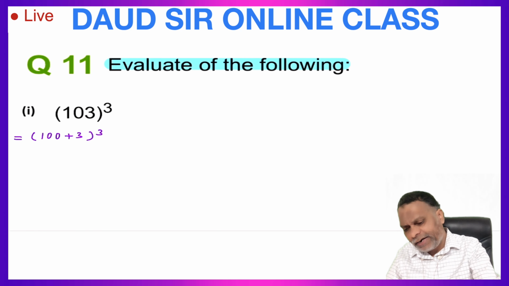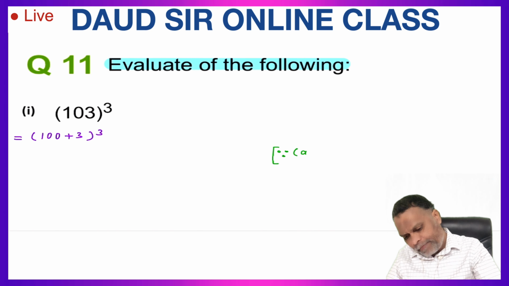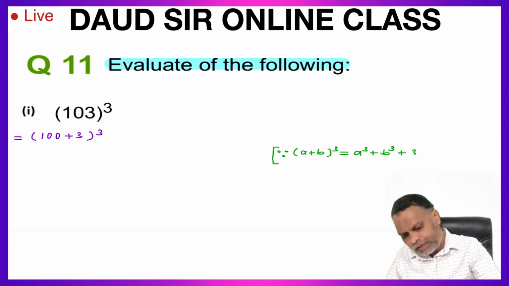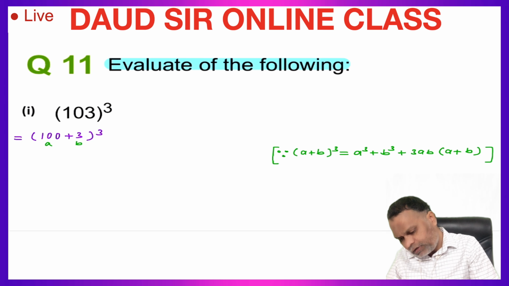Now we can apply the identity a plus b whole cube here. Since a plus b whole cube is equal to a cube plus b cube plus 3ab into a plus b. Here a is equal to 100 and b is equal to 3.